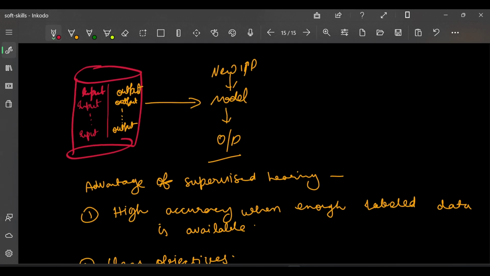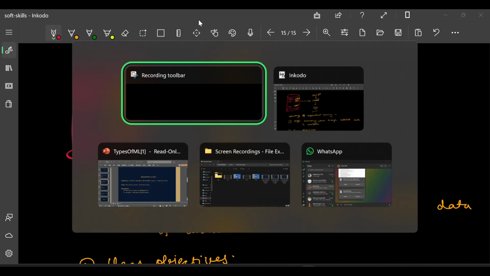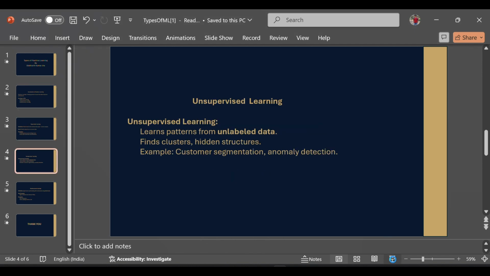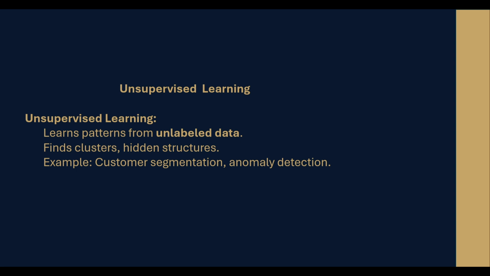Next, moving further to the next type, which is unsupervised learning. Let me go to the slide. Unsupervised learning learns patterns from unlabeled data and finds clusters or hidden structure. For example, customer segmentation and anomaly detection.